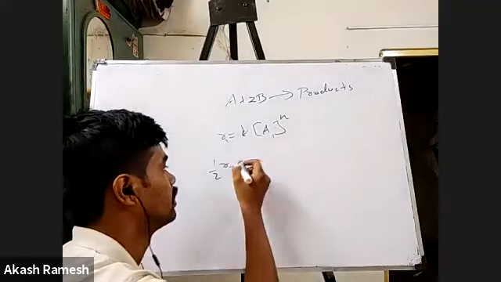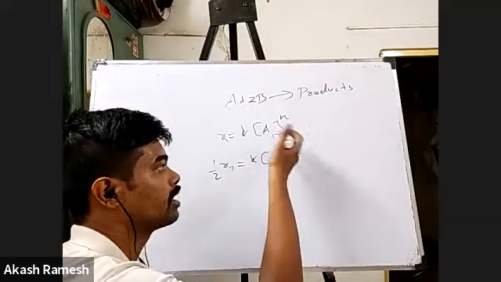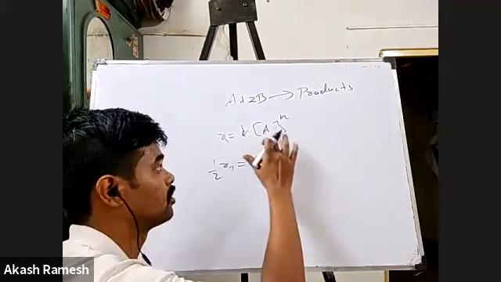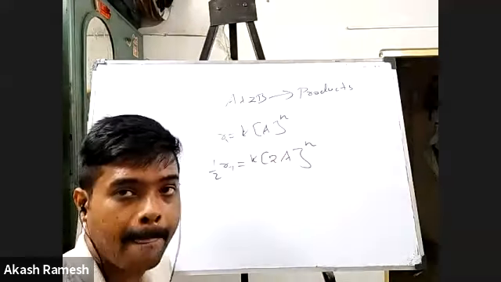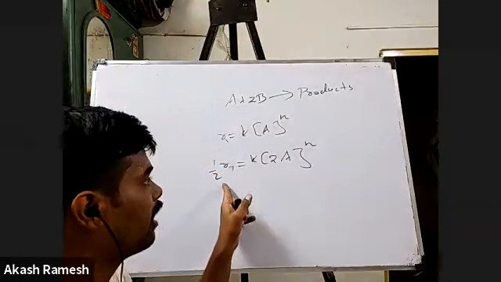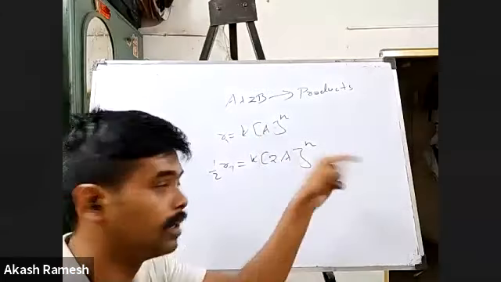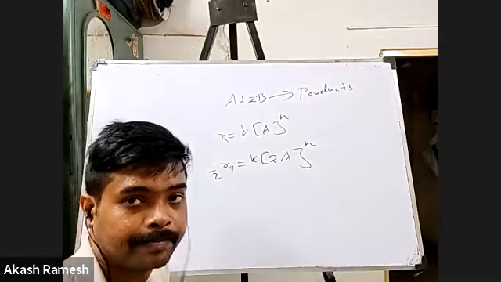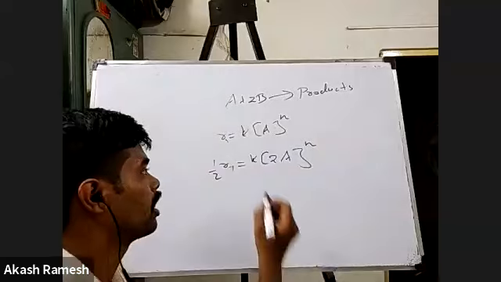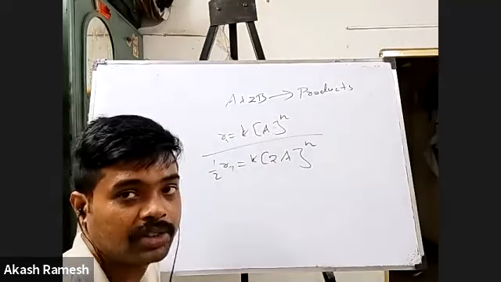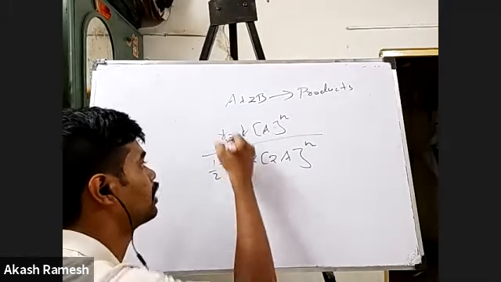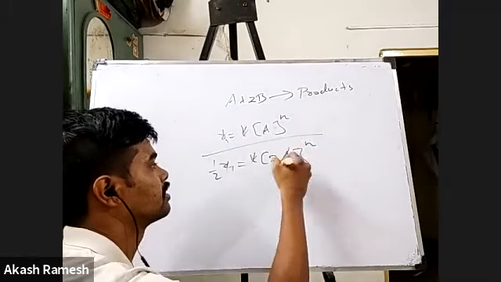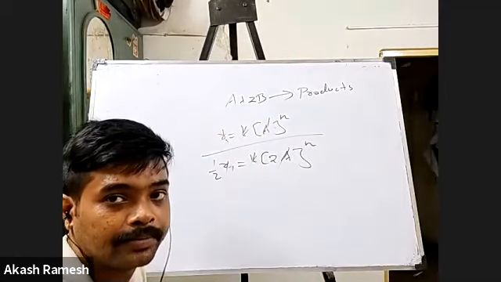Half R1 is equal to K into, now what is happening to A? A is becoming twice. So can I write it as 2A power n, right? R is becoming half and the concentration of A is doubled. Correct? So now if I divide these two equations, what will happen? R1 gets cancelled, K gets cancelled, A gets cancelled, right?